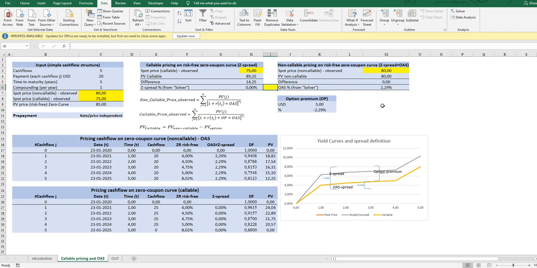Now what about the callable bond? We can do exactly the same thing, and I'll do it here. I observe the spot price. Oh, I should go down here first. Okay, down here I have the callable cash flow. Same structure all the way until here.